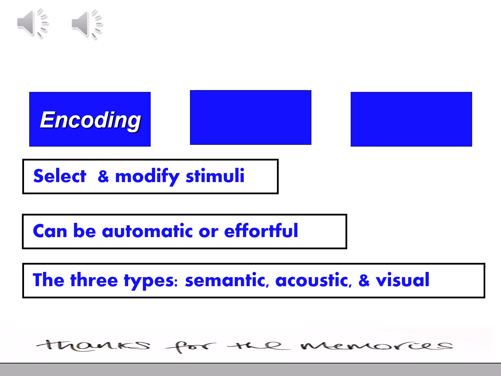To do this, I'm going to give you a list of 10 words similar to what we did before for short-term memory. Listen, and when you're done, write down as many as you can remember.